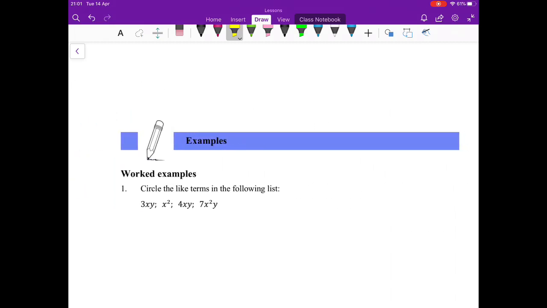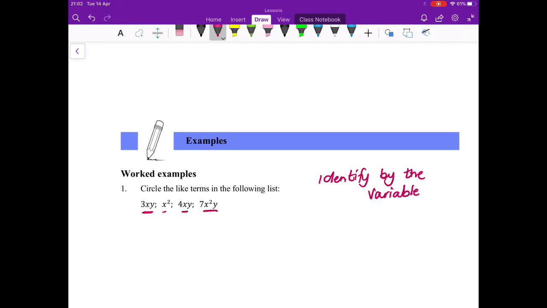We're going to start off by identifying the like terms. We said like terms are identified by their variables. What do we mean by that? Well, if we have a look at this first term, it's an xy term. This is an x squared.